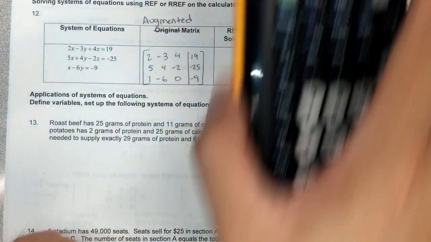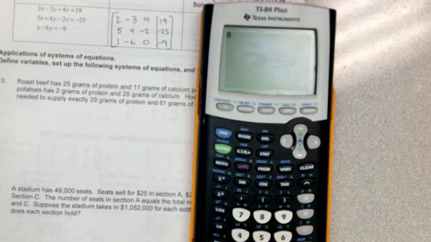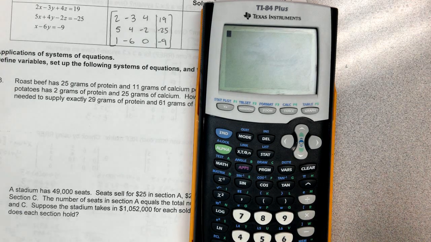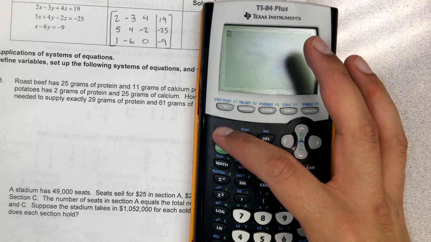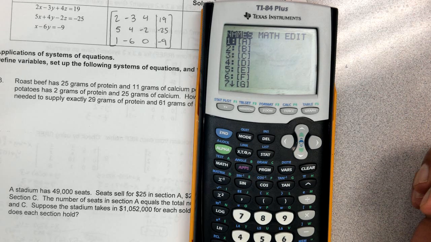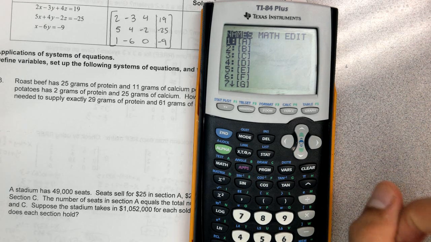So let's go to the calculator. Alright, so y'all see right here where it says matrix in blue? We're going to go to that. So second matrix. You're going to see three options.